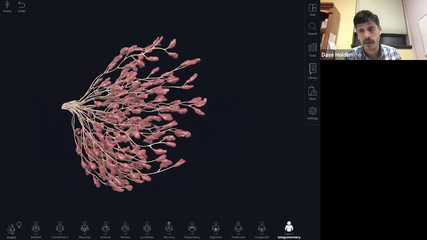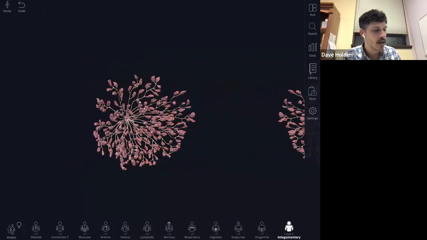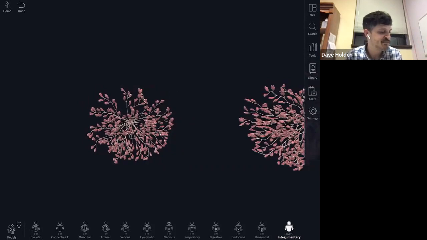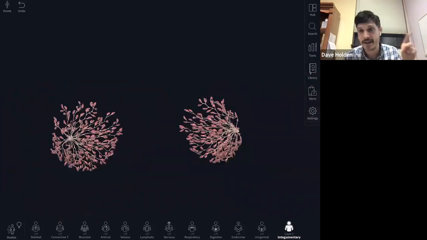I'll give you one guess where that spot is. So we have all of these glands constantly filtering water from the blood plasma. And then now that they've got water, they will add fat and sugar and antibodies and stuff to it. And bibbity bobbity boo, you've got milk. That's cool. I haven't actually seen this one before. So that's pretty cool. All right.